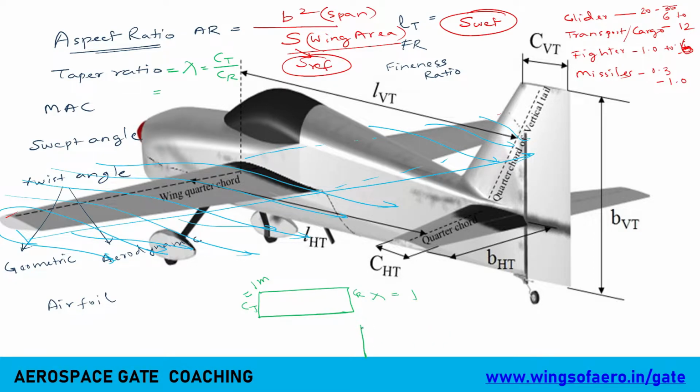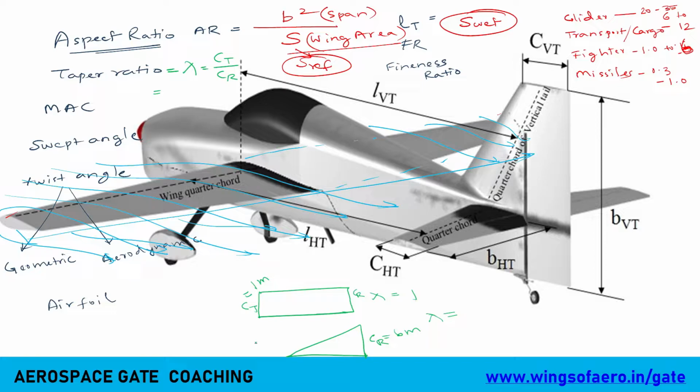Now similarly, what if there is a triangular wing, or you can say a semi-span delta wing? The root chord is given as 6 meters. What is the taper ratio? One by 6?